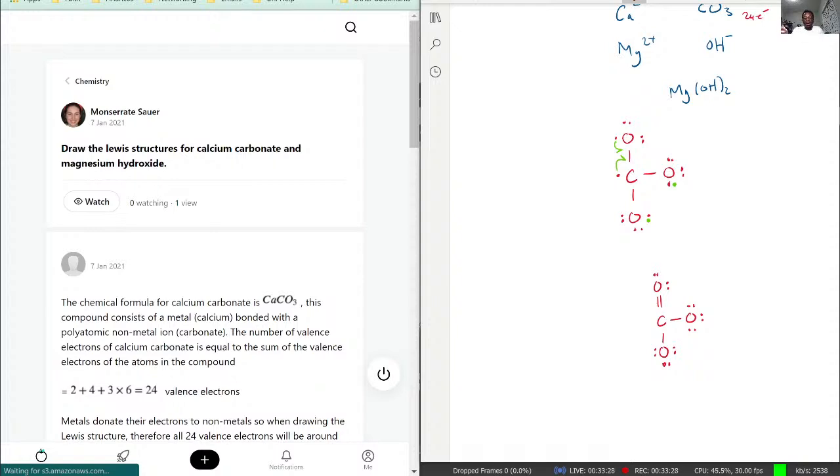This would be just one of its many resonance structures. To support that, we have 24 electrons: 1, 2, 3, 4, 5, 6, 7, 8 lone pairs and 1, 2, 3, 4 bonds. That's 12 pairs in total, so it is indeed 24.